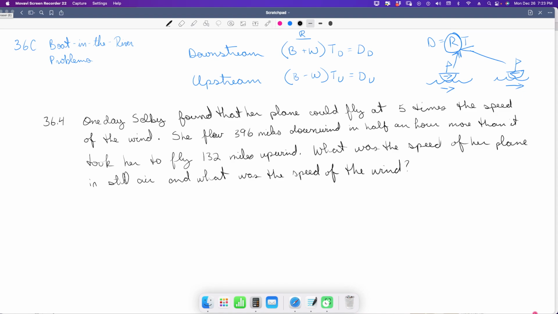What was the speed of her plane in still air, and what was the speed of the wind? This is very much like a boat in the river problem because we have a current, another rate of speed, acting against and helping the plane. We have the current of the air. So the plane is like the boat and the air is like the water. So we treat it that way.